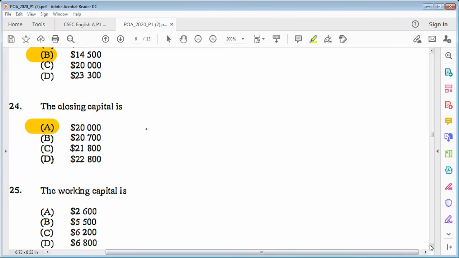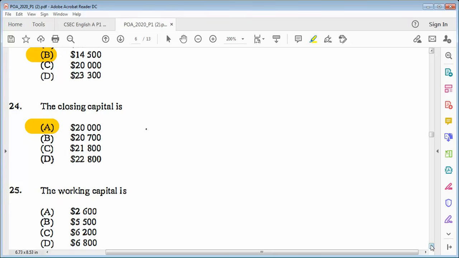Let's move on to 25. That's what I was working on, the working capital. It says the working capital is A, 2,600, B, 5,500, C, $6,200, D, $6,800. So we know that our current liabilities are subtracted from our current assets.